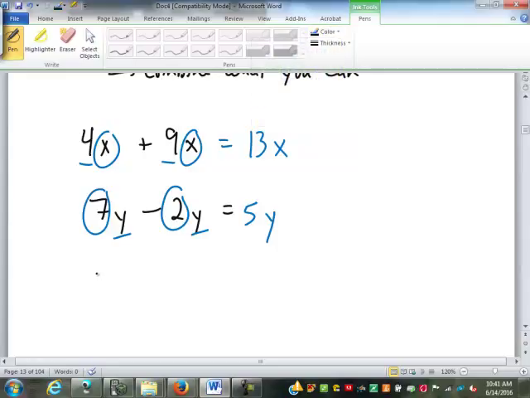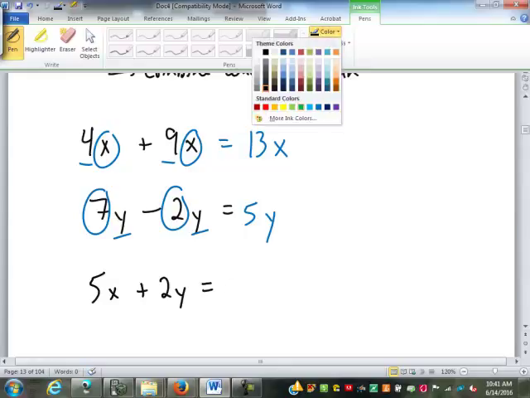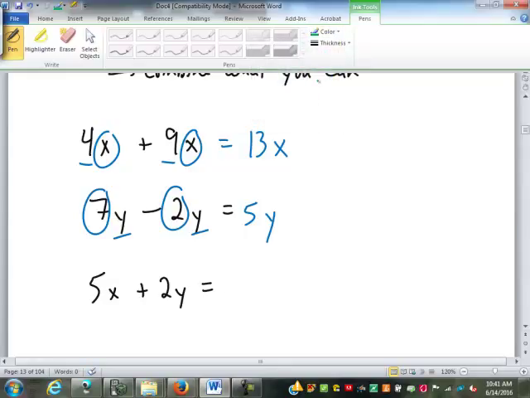Because of that, what do I get when I add 5x plus 2y? I get 5x plus 2y. They have different names. I cannot combine them with addition or subtraction. Now we talked about multiplication where we don't have to have the same name, and we're going to get to that in a couple minutes.